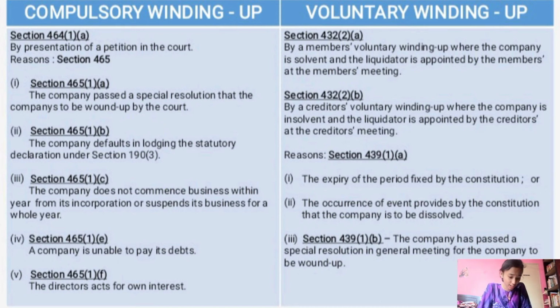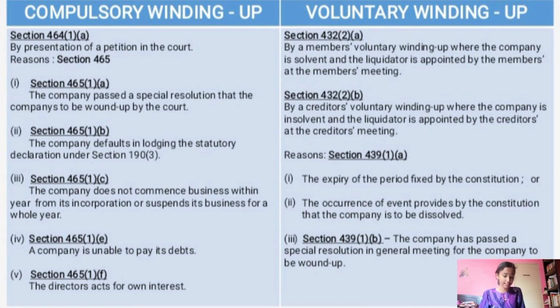According to section 465 subsection 1a, the company has passed a special resolution that the company should be wound up by the court. The members and the directors of the company had a meeting and passed a special resolution that the company should be wound up by the court.